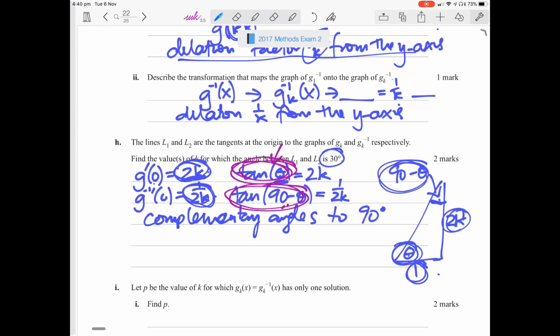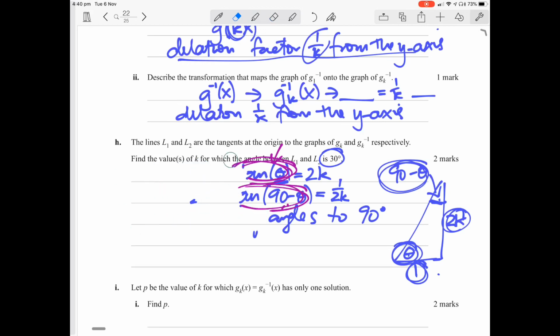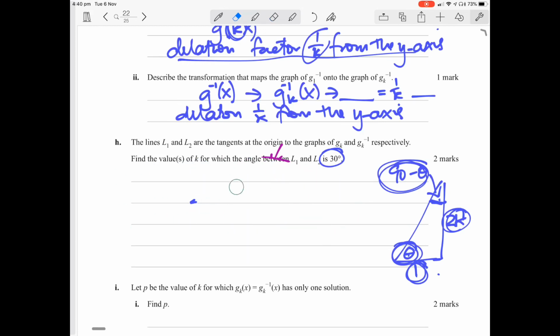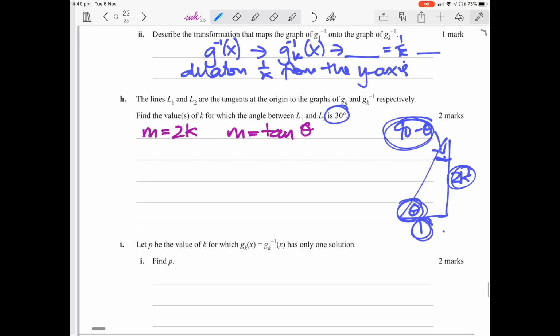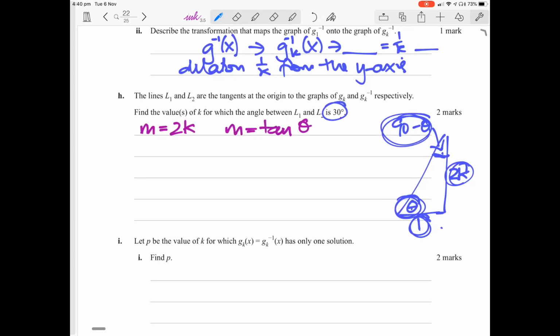So let's only worry about when the gradient is 2k. Sorry to rub this out, but I need to make room. So let's say m is equal to 2k. We also know that m is equal to tan theta. So there's going to be two cases where the angle between L1 and L2 is equal to 30 degrees.